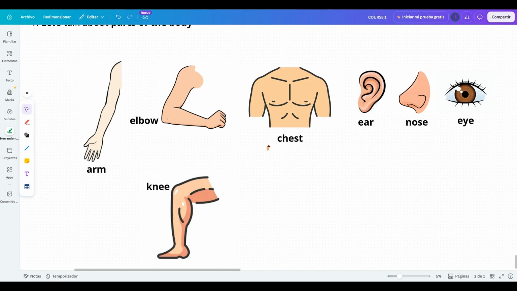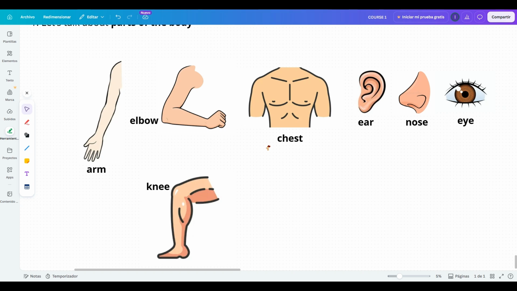Okay. What is a leg? It's a whole one, right? Yes, the knee is a small part of a leg. You can see a leg. Okay, one moment, please. This is a leg. Let me show you here, please. This is a leg.